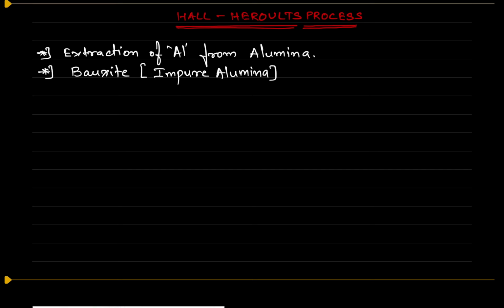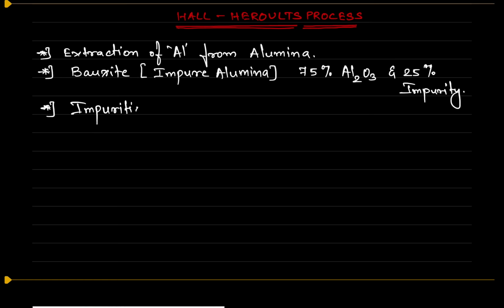Now, talking about the ore bauxite, this ore contains 75% of alumina, that is Al₂O₃, and it contains 25% of other impurities. Okay, now what are the impurities present in alumina? The impurities that you have are majorly sand and iron 3 oxide.